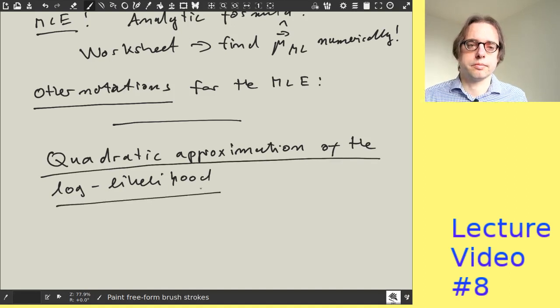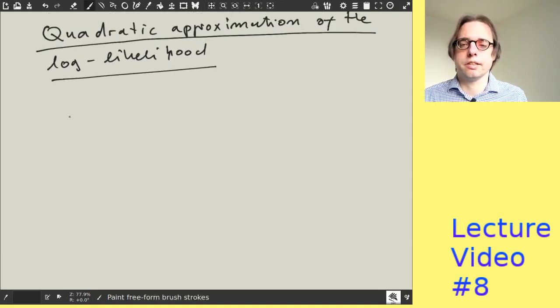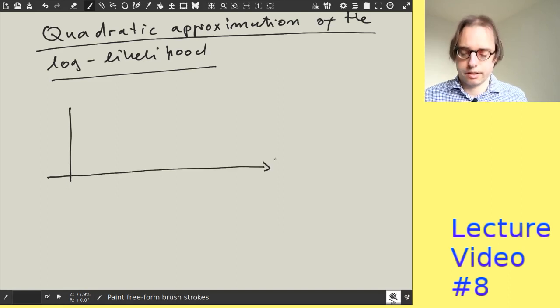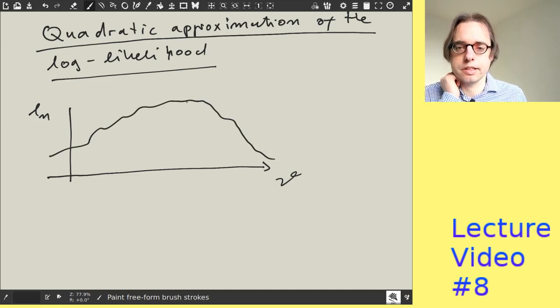So what does this mean? So the purpose is, let's say we have a general likelihood function and we have our parameter theta, then we have our log likelihood function here, and then we have somewhere a curve like this, and of course here we have our theta hat ML.